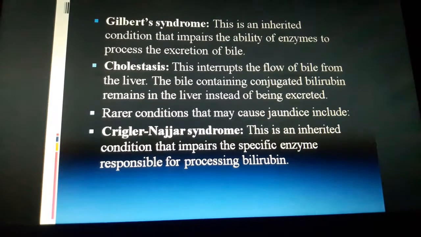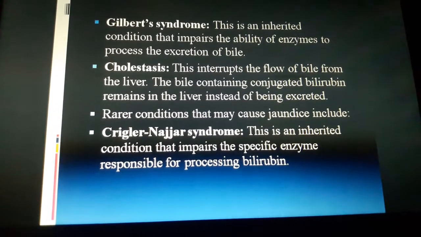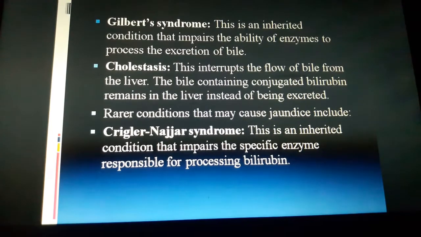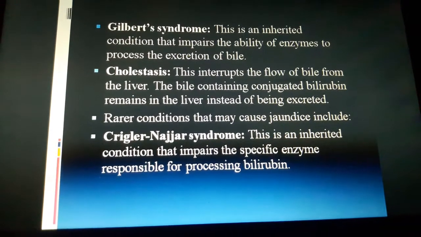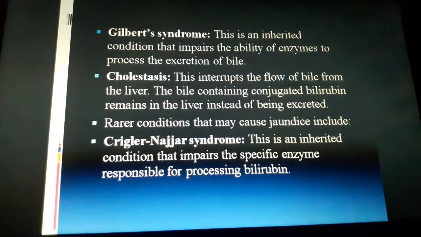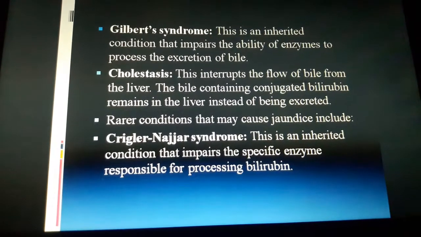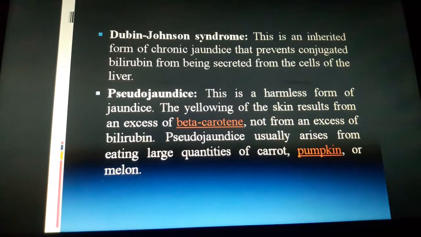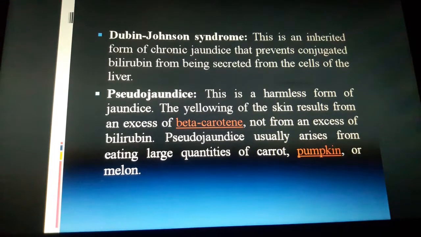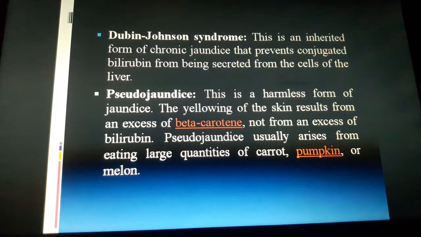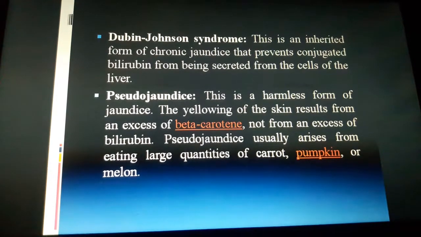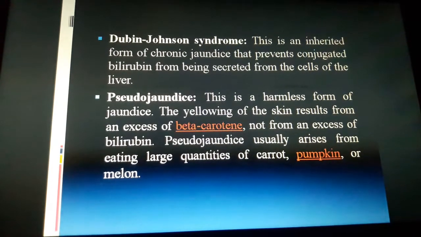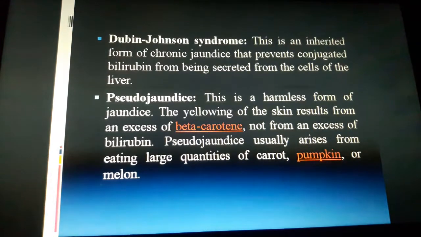Rare conditions that may cause jaundice include Crigler-Najjar syndrome. This is an inherited condition that impairs the specific enzyme responsible for processing bilirubin. And Dubin-Johnson syndrome. This is an inherited form of chronic jaundice that prevents conjugated bilirubin from being secreted from the cells of the liver.